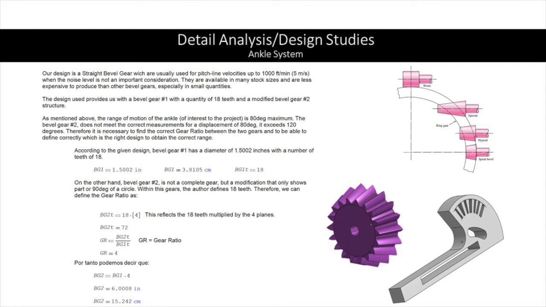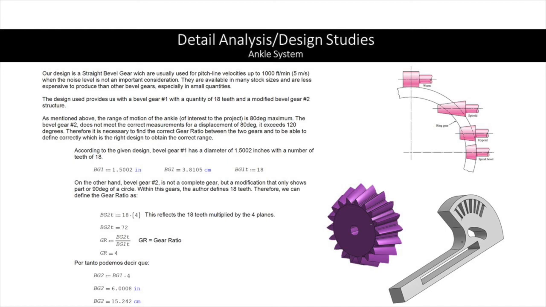Therefore, we can define the gear ratio as BG2T, which means the number of teeth in gear 2, equals 18 multiplied by 4, the 4 quadrants of the circle. That gives us a BG2T, or the number of teeth in gear 2, of 72, which means our gear ratio is about 4 to 1.